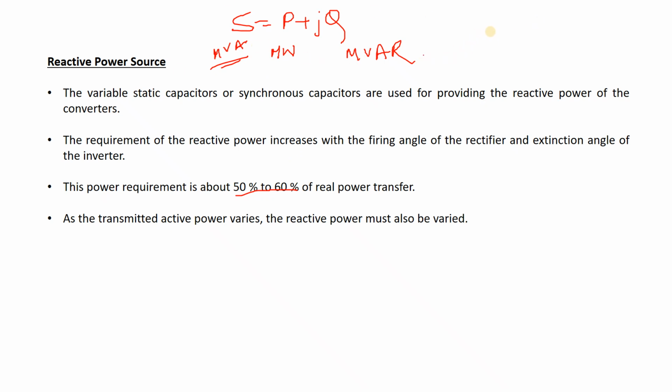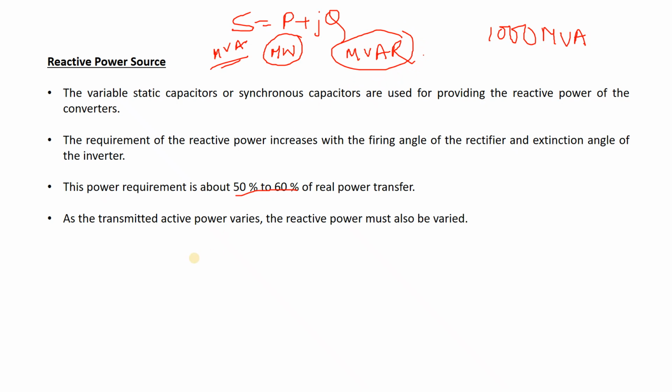Now the converting station consumes 50 to 60%. That means if the whole alternator setup is generating suppose 1000 MVA or gigavolt ampere, and 50% of the power is used by the reactive power, then very little power is remaining for the transmission, because the power actually transmitted and used will be in megawatt, the real power.